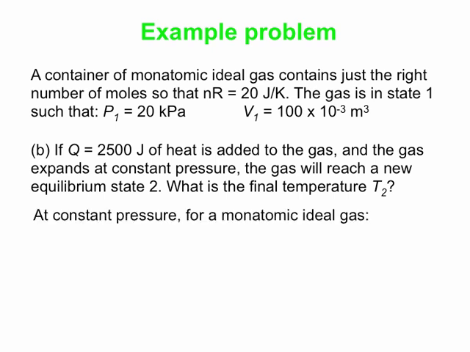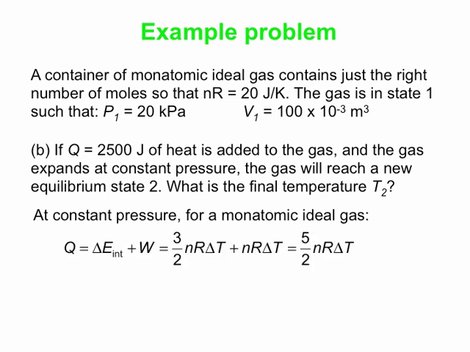Well, first of all, we have the first law. Q is change in internal energy plus W. That's a general statement. Now for monatomic ideal gas, the change in internal energy is 3/2 nR delta T. That's consistent with NCV delta T, where Cv is 3/2 R for monatomic ideal gas.